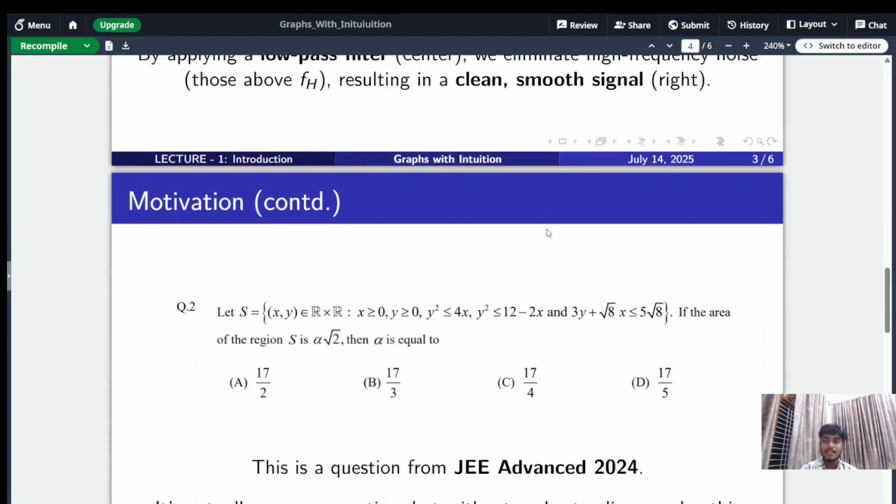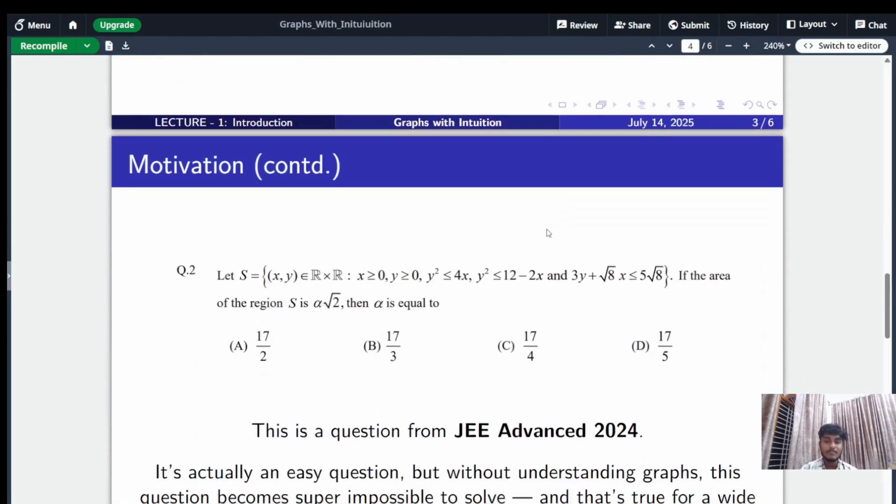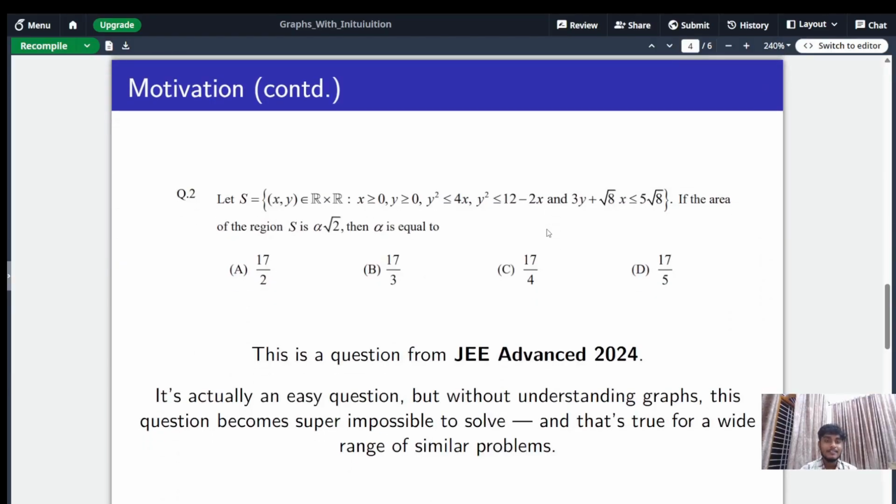And as you are all JE aspirants, I took one more example for you. The question was something we're going to discuss later clearly. But if you see here, x greater than or equal to 0, and y greater than or equal to 0, and y square less than or equal to 4x. And there are sometimes y square less than or equal to minus 2x. If you see these lectures, at last it is easy to draw these graphs.